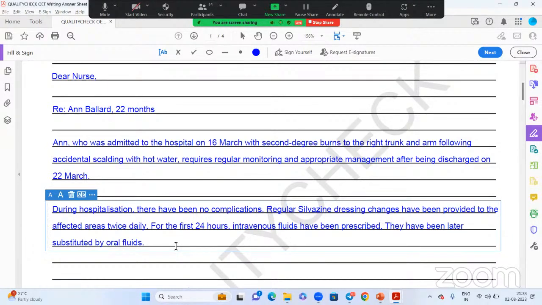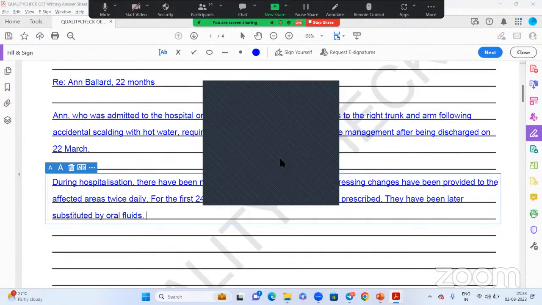They have been later substituted by oral fluids. Finished. You want to write two sentences, you write. However you want to write, that's up to you. The way you are presenting is more important.